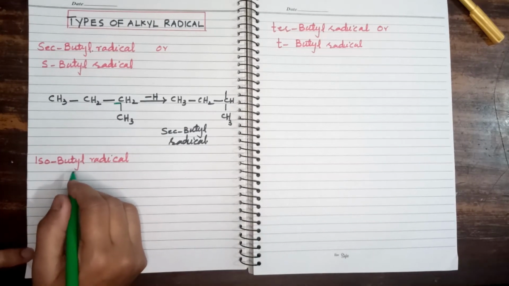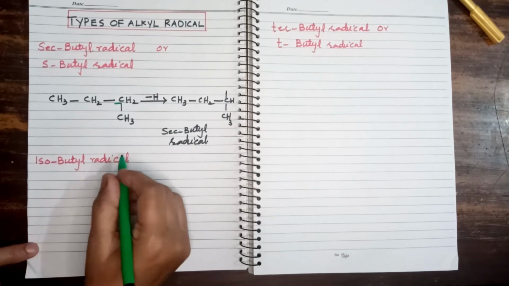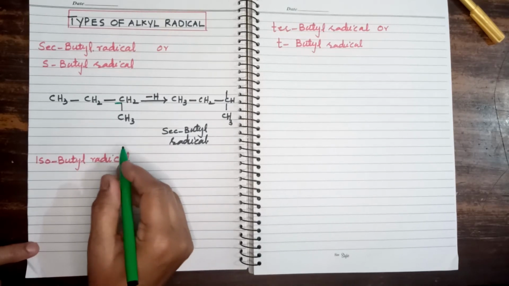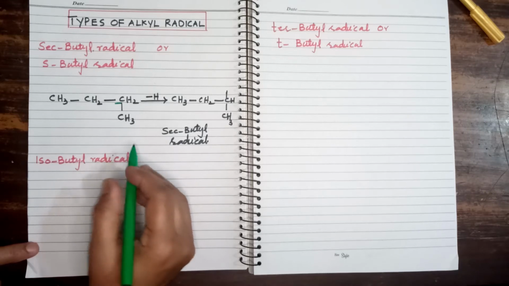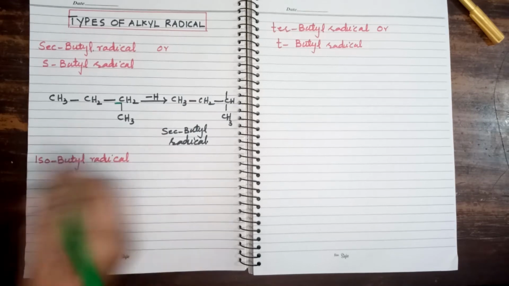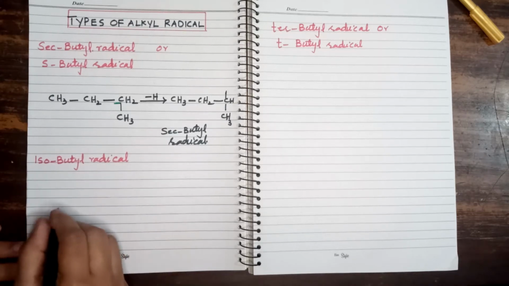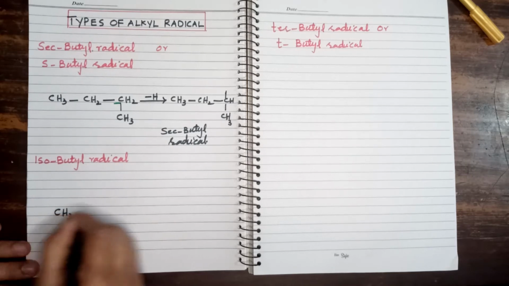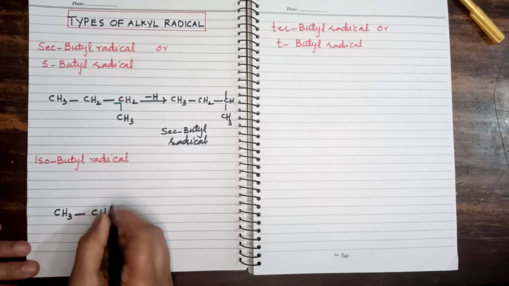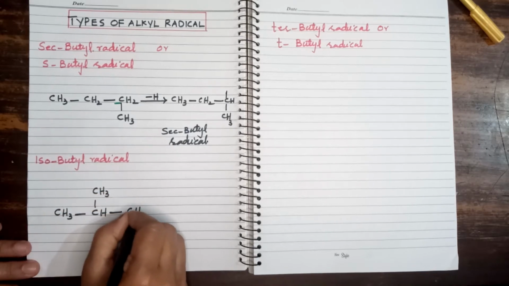Now, the next type of alkyl radical is known as isobutyl radical. How does isobutyl radical differ from secondary butyl radical? Let's see with the help of an example. Suppose we have a radical made up of 4 carbon atoms like this, CH3, CH, CH3, CH3.